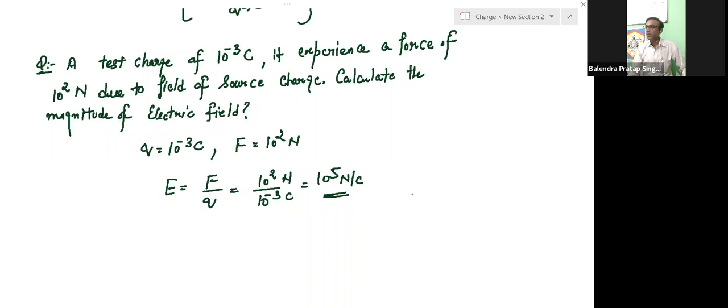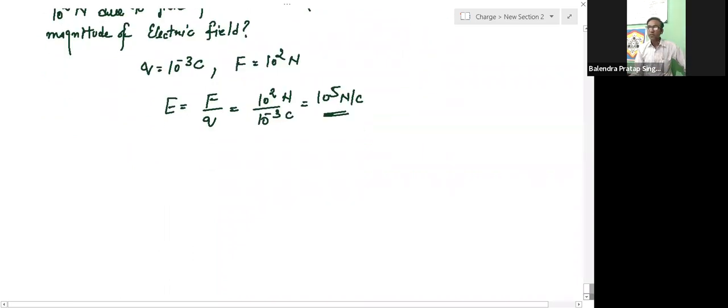We are going to find an electric field due to a point charge. So now take a heading, electric field for a point charge.